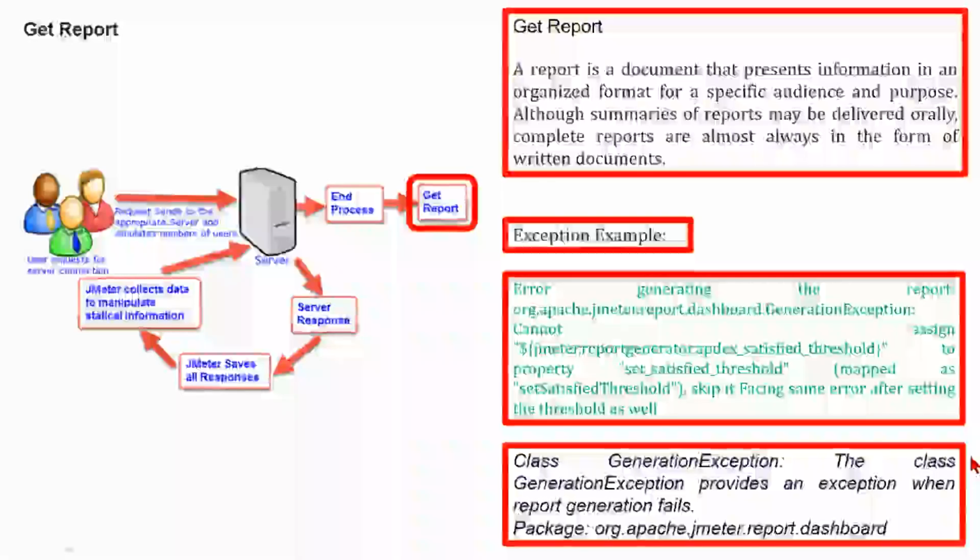As an exception example, we can consider this one. The class GenerationException provides an exception when report generation fails. This is in package org.apache.jmeter.report.dashboard.